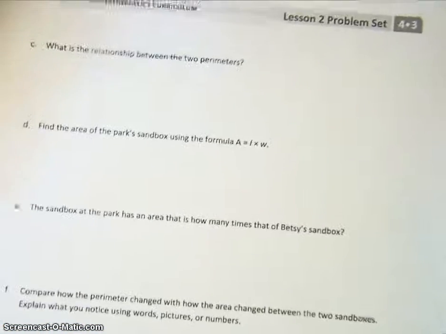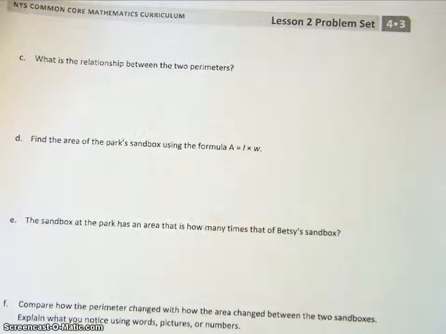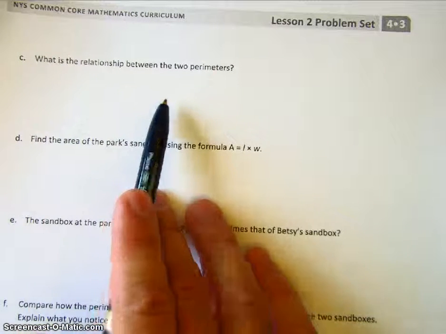What is the relationship between the 2 perimeters?